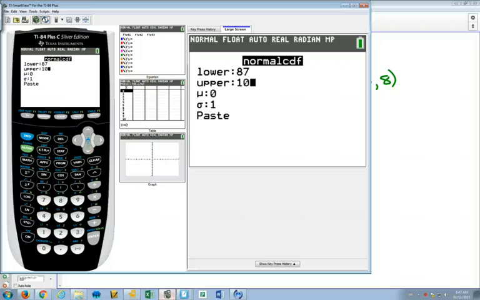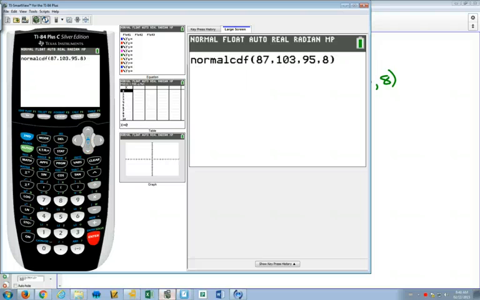And then 103, 95, and a mean of 8, or sorry, standard deviation of 8. It pastes it in there for us. So this is what you would write on a quiz or test to show your work from your GDC. And we get 68.3.